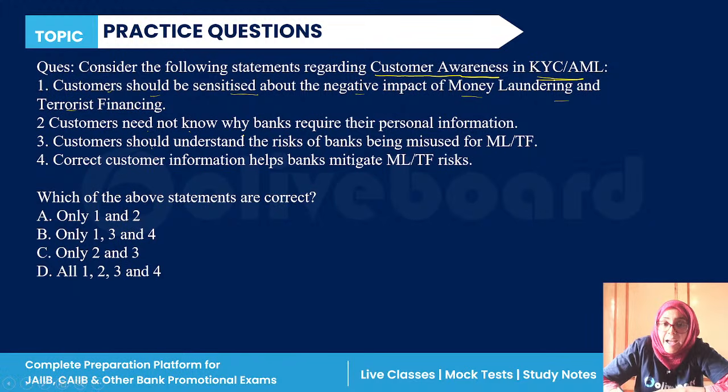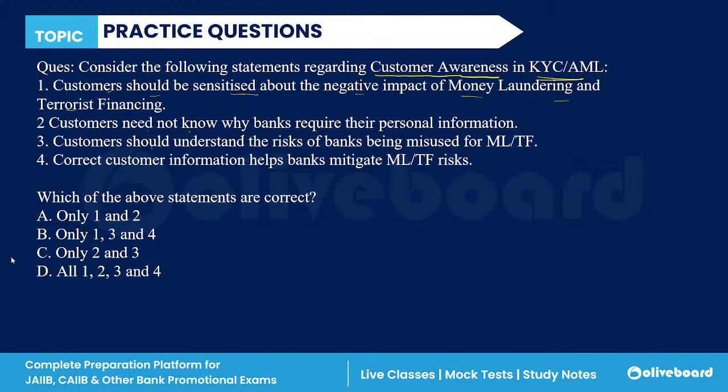Customer should understand the risk of the bank being misused for ML and TF. Correct customer information helps the bank mitigate the money laundering and terrorist financing risk. You have to choose the correct statement here. It's a very simple question. You can all answer this question, guys.